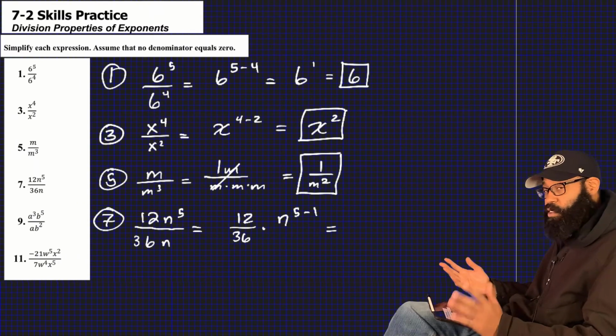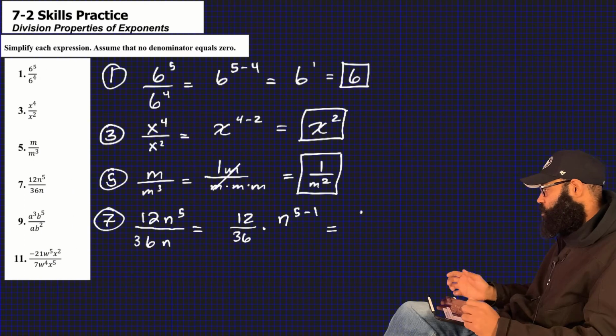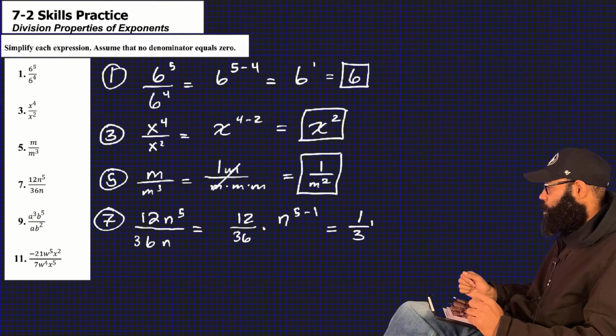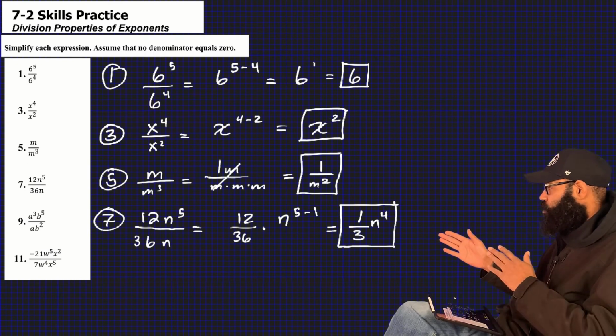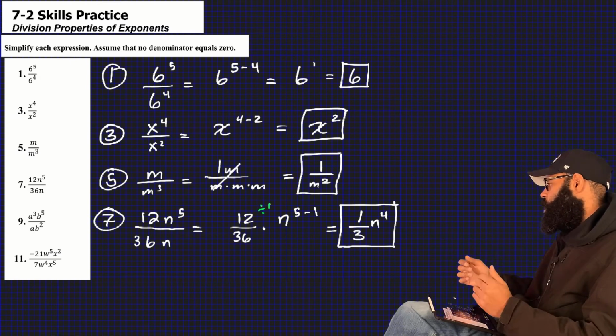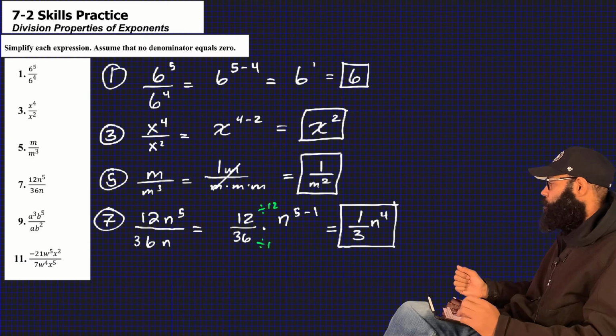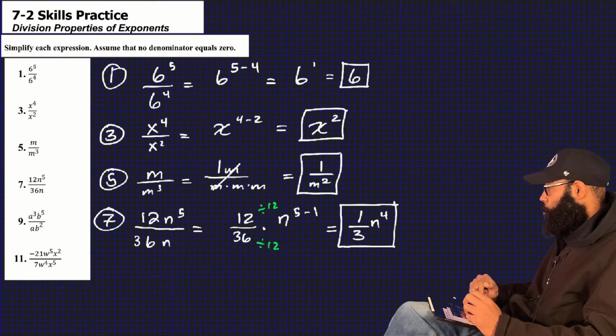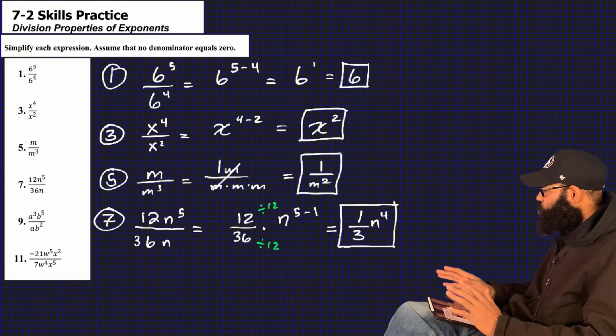And 5 minus 1 is 4, so we got that, but we still need to do our 12 divided by 36, which is literally just 1/3. n to the 4th, 5 minus 1. And guys, I can show how I get the 1/3. We divided the numerator and the denominator by a common factor of 12. 12 goes in 12 one time, 12 goes in 36 3 times. So, to me, boom, bang, pow, guys.